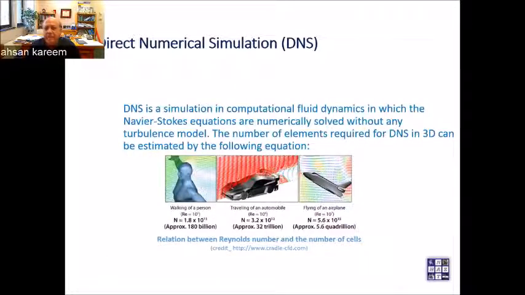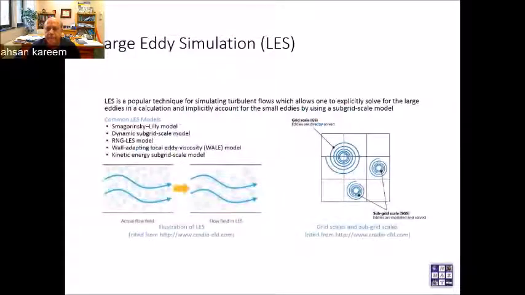Here's an example. If you want to use direct numerical simulation, you need 5.6 quadrillion cells, which is not possible at this stage. So DNS is mostly a dream of some researchers doing very fundamental studies in fluid mechanics.